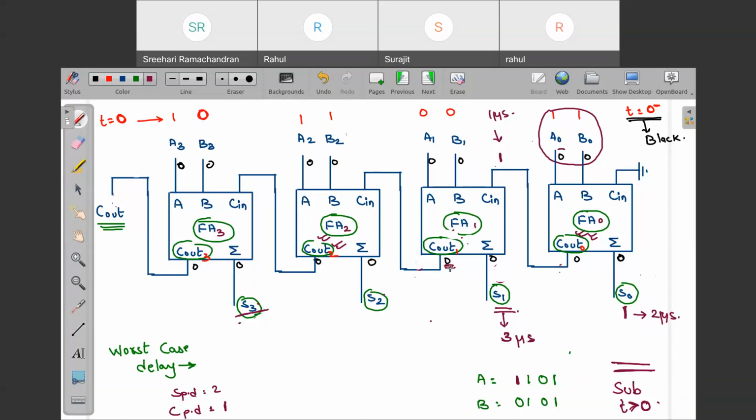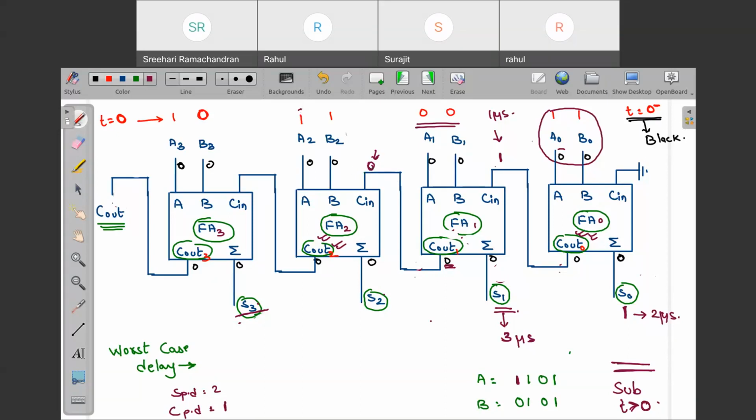was already present over here. It was present from t equal to 0, and still as C out is not changing due to the effect of this input, because input has also not changed. So C out is also not changing. So this is remaining 0, and this black color 0 was available from t equal to 0 minus.